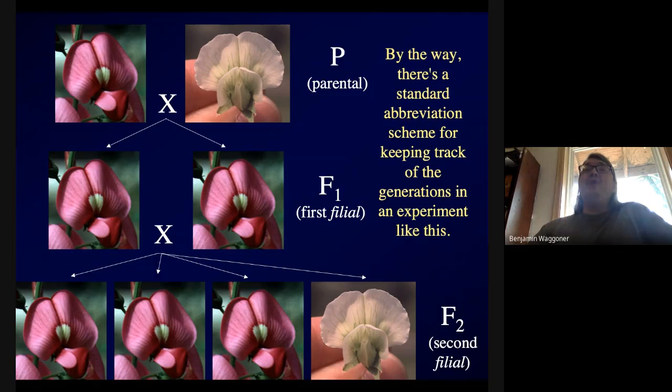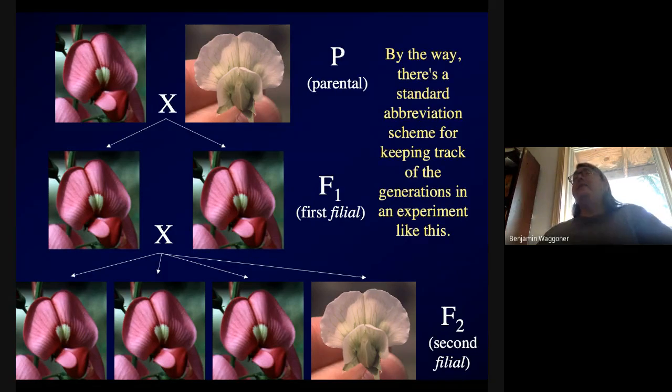So that F1 generation must have purple particles or elements, and it must have white elements, but having the purples masks having the whites, covers up the fact that they've got whites. So we say that purple color is dominant to white flower color.